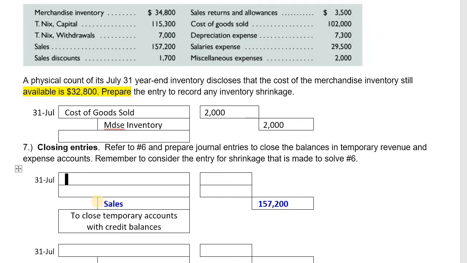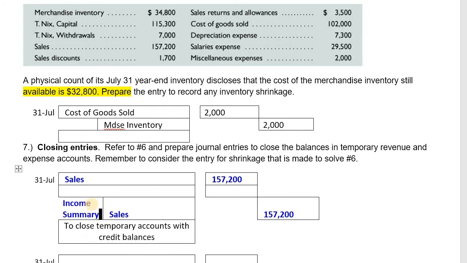No, we're not. We're not going to do this at all. We're going to debit sales for 157,200, and we're going to credit income summary for 157,200. We're not going to do sales at all. Right?